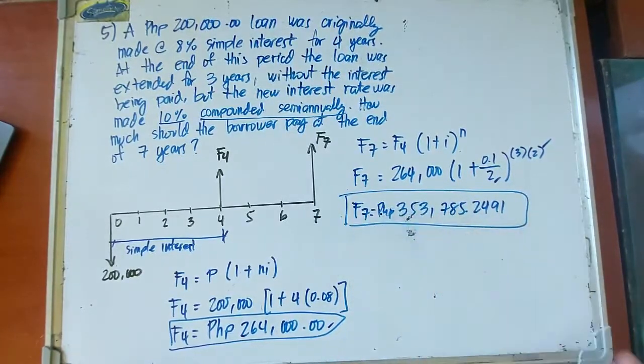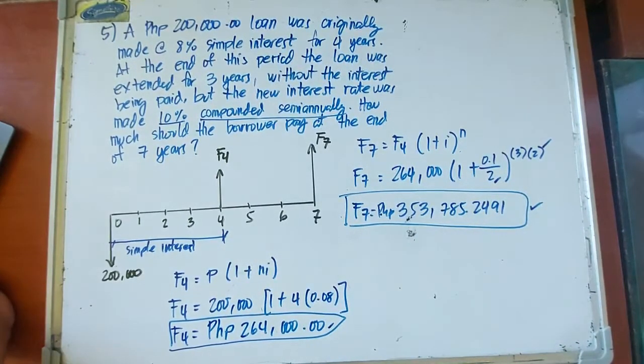From 200,000 it became 353,785 pesos. That is the answer for problem number 5.